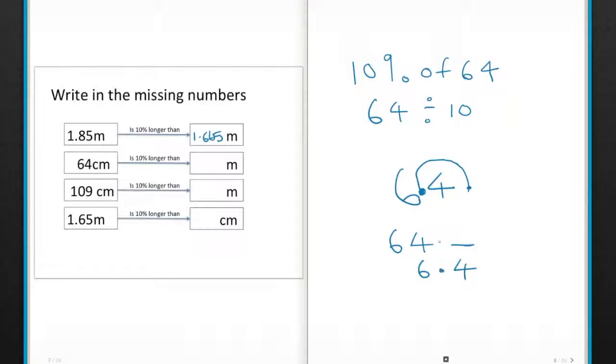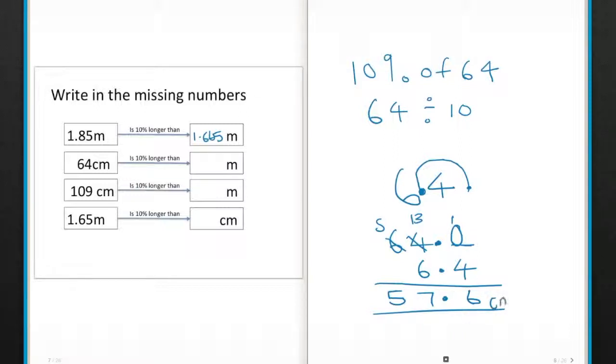Remember, the decimal point on a whole number is on the end. So the inline. 10 take away 4 is 6. 13 take away 6 is 7. 5. 57.6.